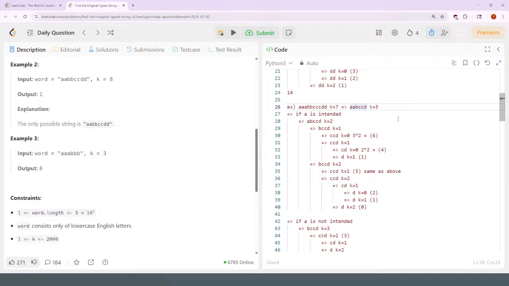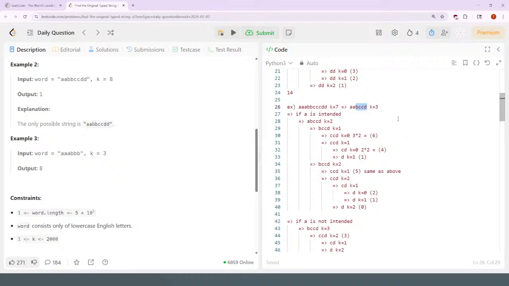So I would be doing k equals 3, k equals 2, or k equals 1 at this point here.